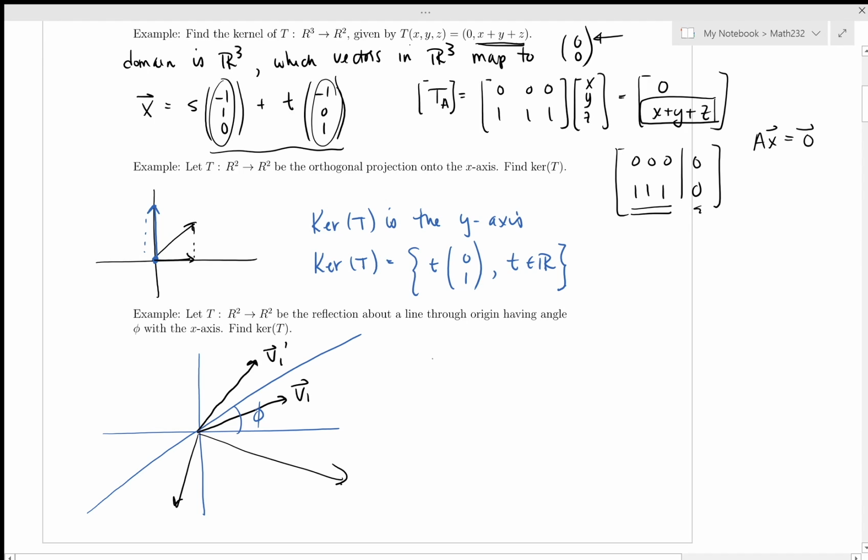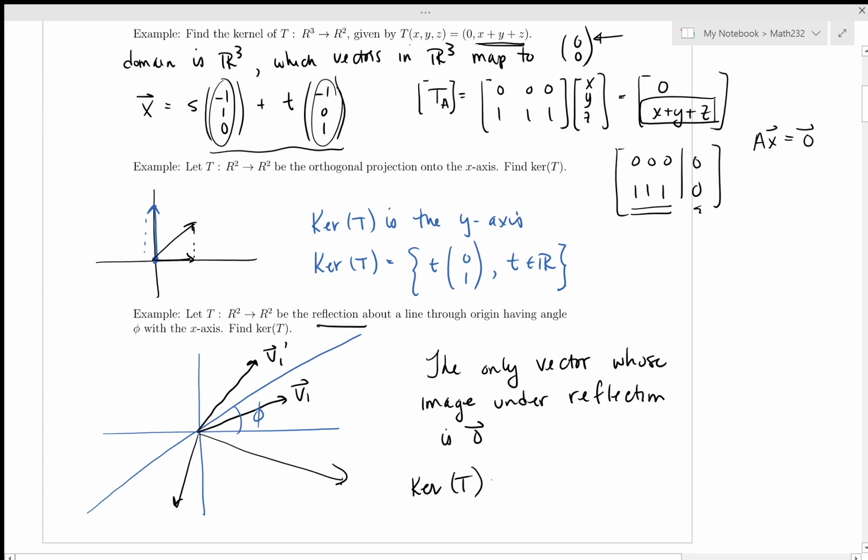So I would say that the only vector whose image under reflection is 0. Okay, so I would then claim that the kernel of T is the set containing the 0 vector.